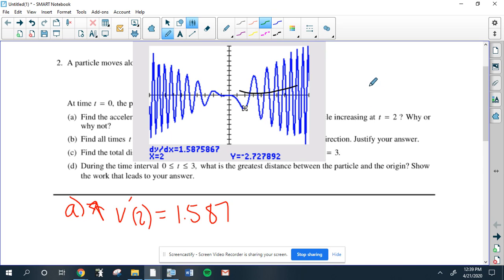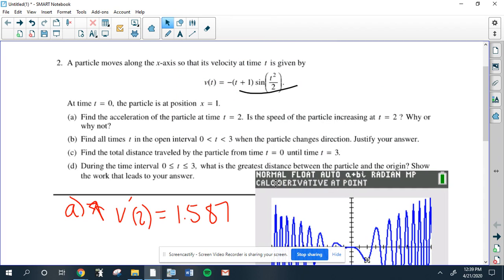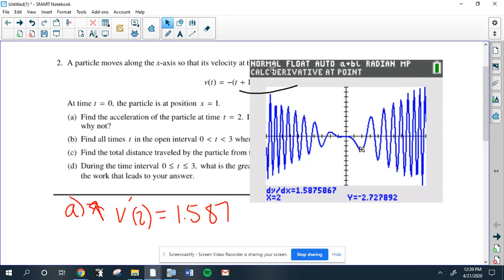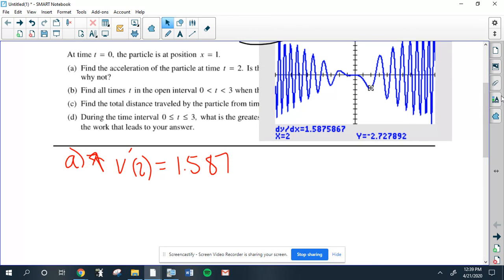That's it. Now the next question is asking, is the speed increasing at 2? Well, the speed is only increasing when velocity and acceleration have the same sign. So we've already determined that v prime of 2 is this.